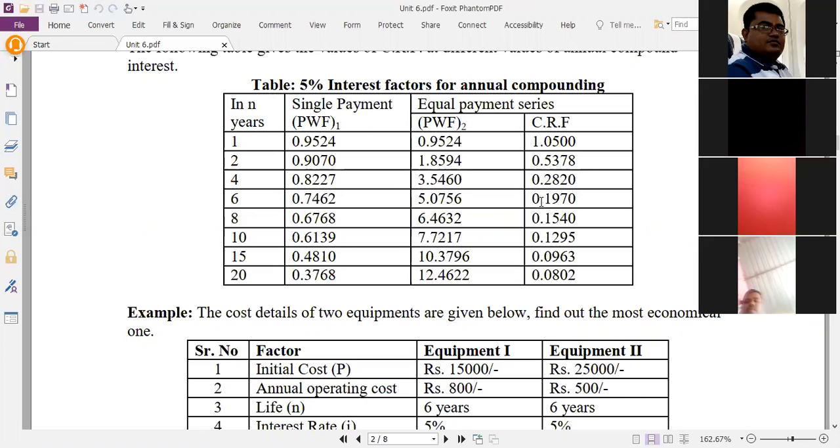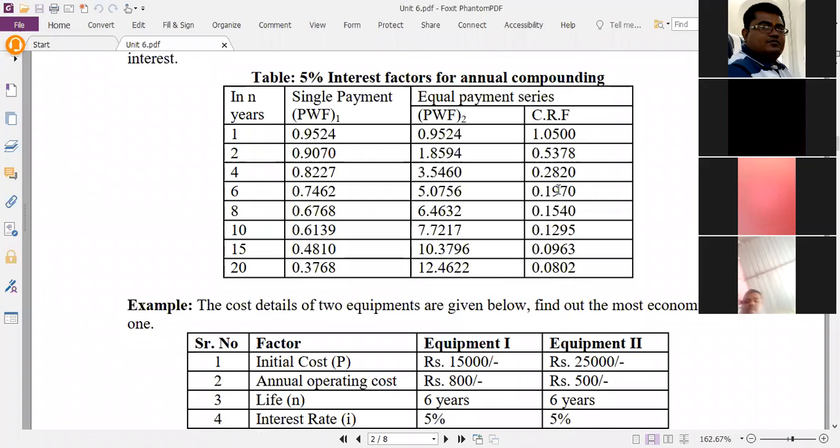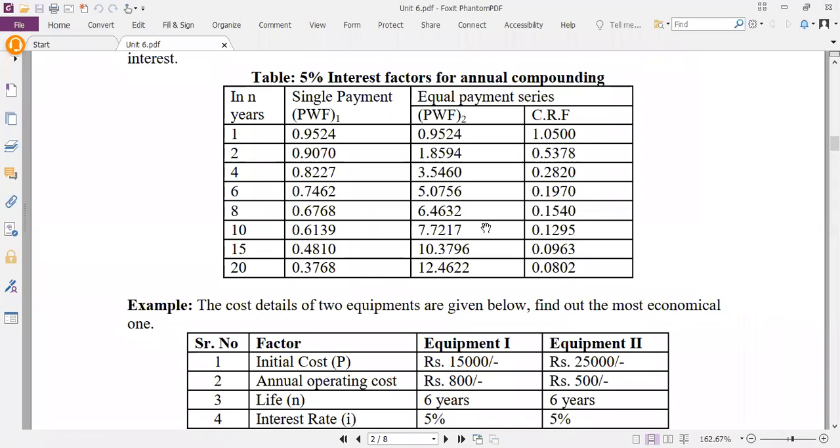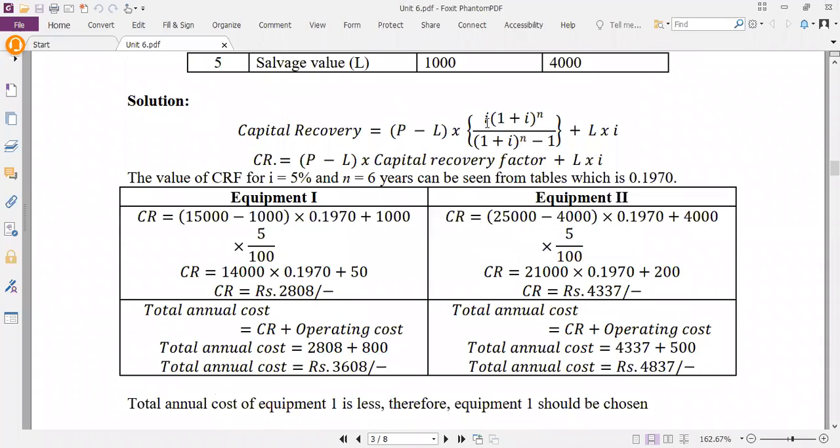So this is the capital recovery factor value. Or you can calculate that by putting the values into the formula, with 5% and n equal to 6.